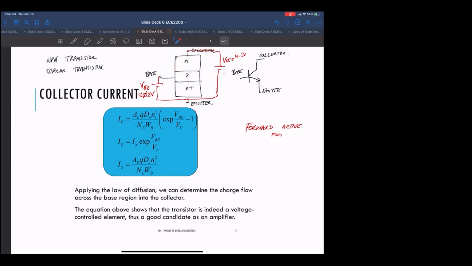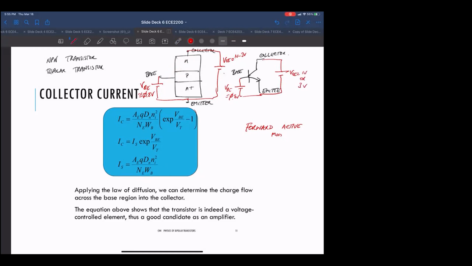If the collector is at 3 volts, then it'll be 2.2 volts higher than the base. So it's still in reverse bias, it's more reverse bias. And then if I just draw the same thing here, the base and the collector emitter VCE is 1 volt or 3 volts or whatever it is.